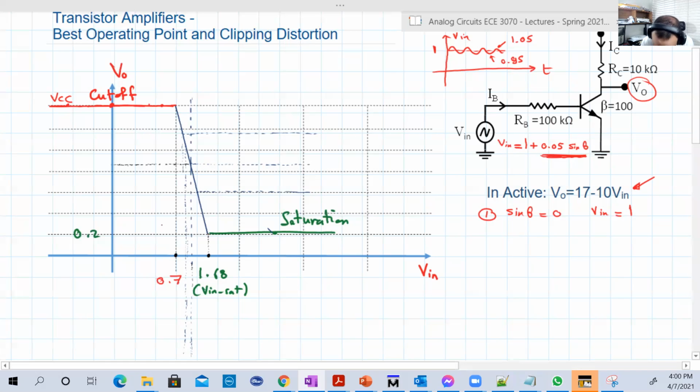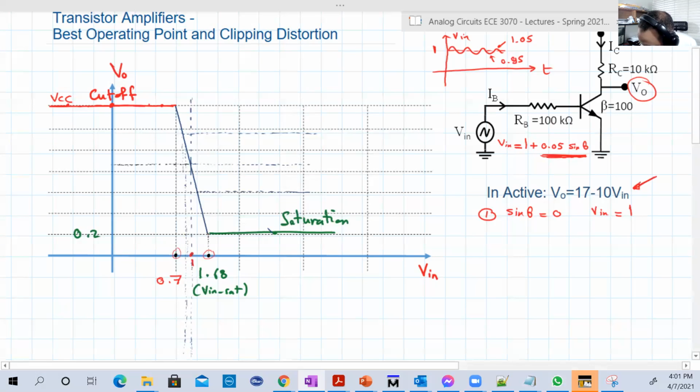Cutoff region ends here when V input is 0.7. Saturation region starts here when V input is equal to 1.68. So V input now is 1. Where is 1? 1 is in between these 2 points here. So at V input equal to 1, we are in active region.